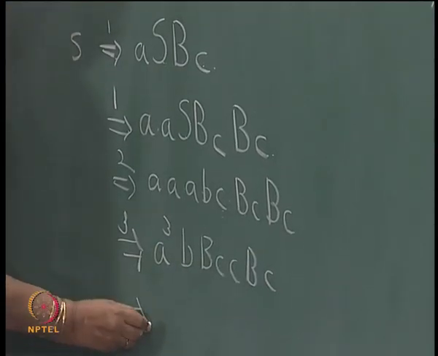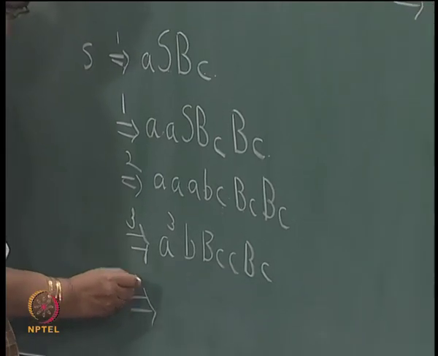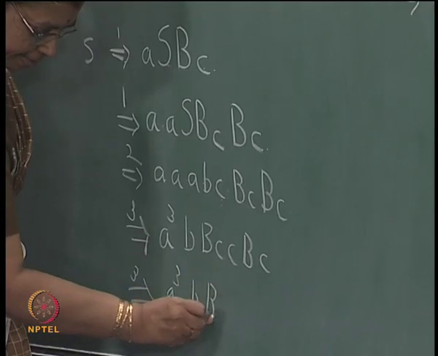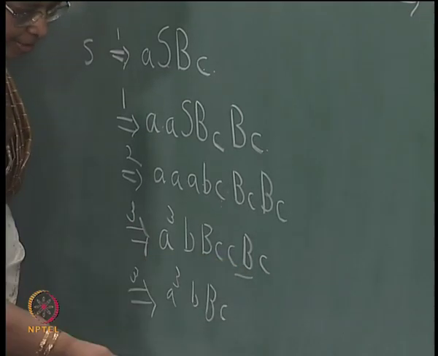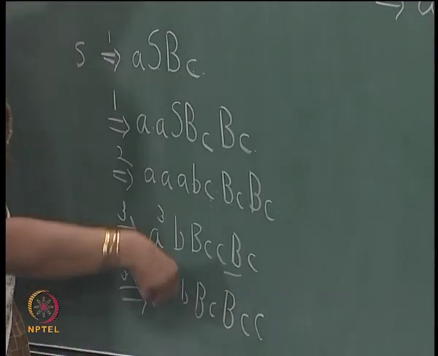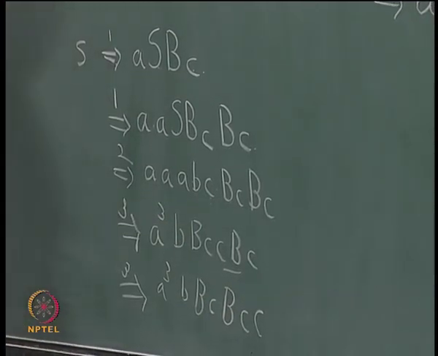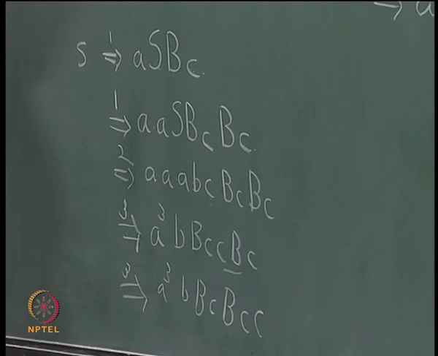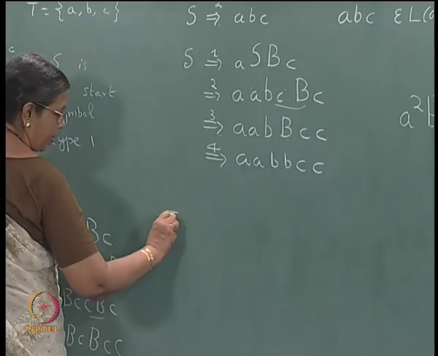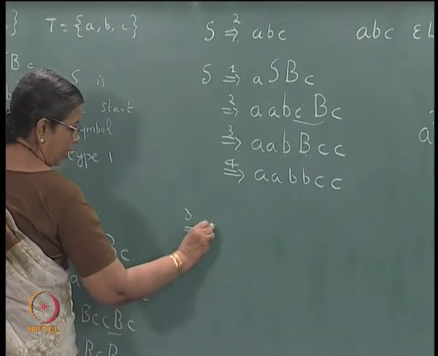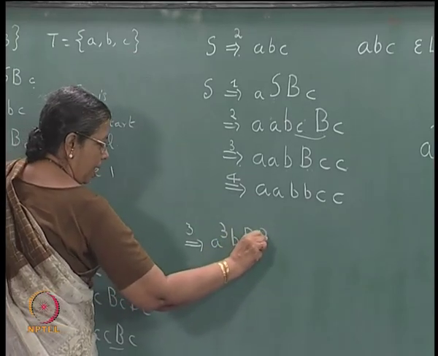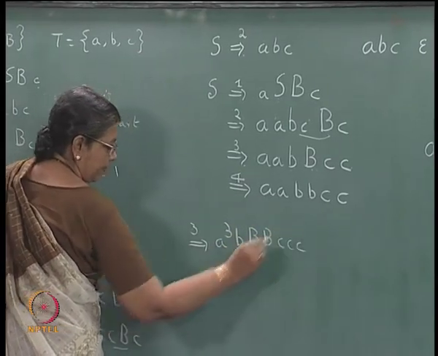Again you apply rule 3, and for this CB, B will be shifted to the left and C will be shifted to the right. You will get a cubed bBBCCC.